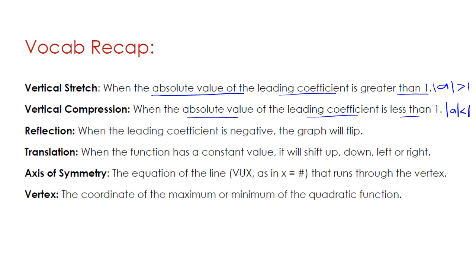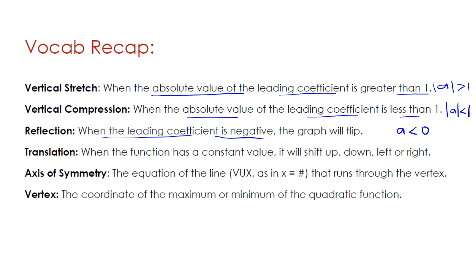Reflection happens if A is less than 0, when A is negative. Translation, when the function has a constant value, it will shift up, down, left, or right. And for translation, we will look at the vertex values.